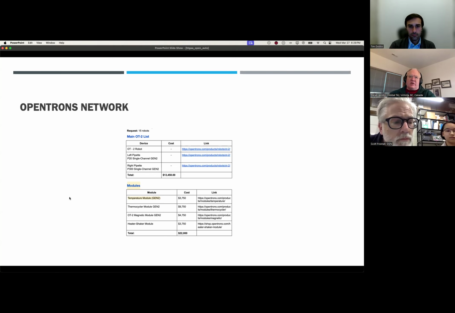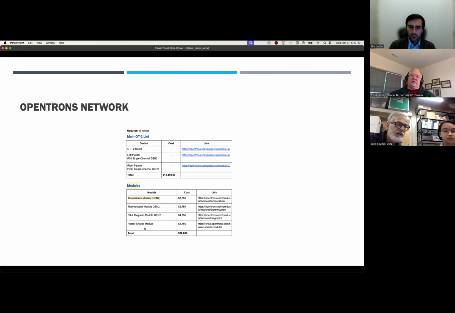A thermocycler module, so we can do PCR and related protocols on the OT-2. A magnetic module, for allowing us to use magnetic bead protocols for separations. And then finally, a heater-shaker module, which we'll be using for the actual liquid culture growth on the OT-2.